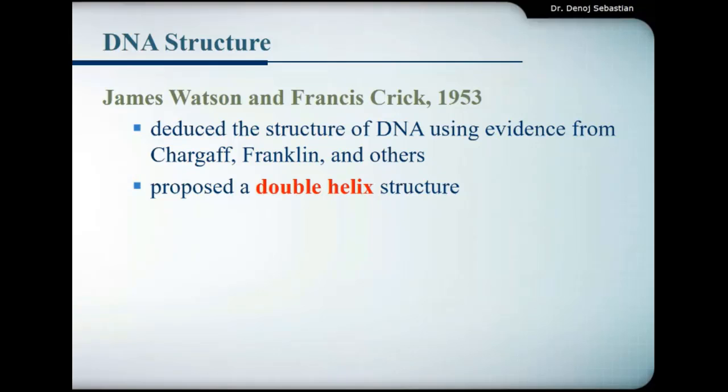And the next one is about the James Watson and Francis Crick proposal of the DNA, which occurred in 1953. Using the previously stated evidences, they deduced the structure and they proposed the double helical model of the DNA.